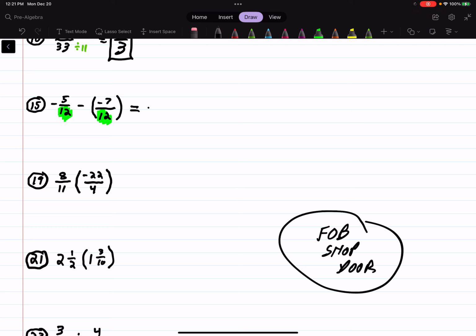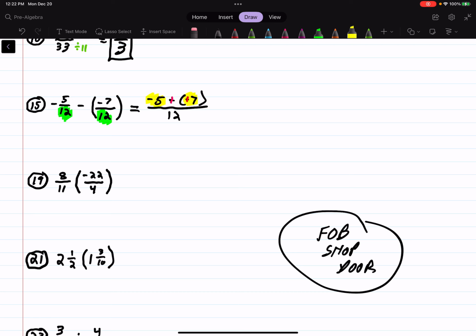When we write this all over 12, we end up with negative 5 minus a negative 7. If you remember, when we have a minus a negative number, we can just change it to adding a positive number. Now we have opposite signs, a positive number and a negative number being added together.